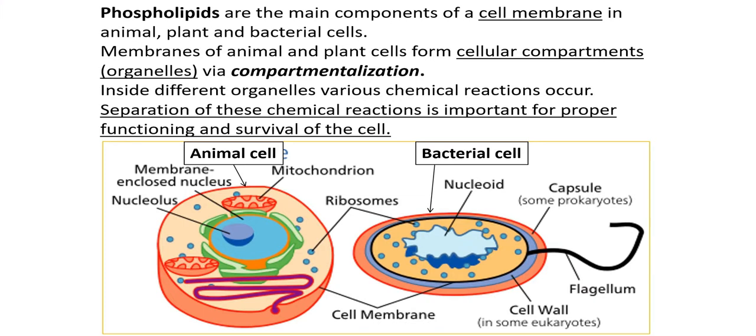Again, phospholipids are the main component of the cellular membrane in animal, plant, and bacterial cells, and membranes inside animal and plant cells also help to isolate different chemical reactions, to do cellular compartmentalization, and produce cellular organelles where different chemical reactions occur. This is very important for the proper functioning and survival of the cell.